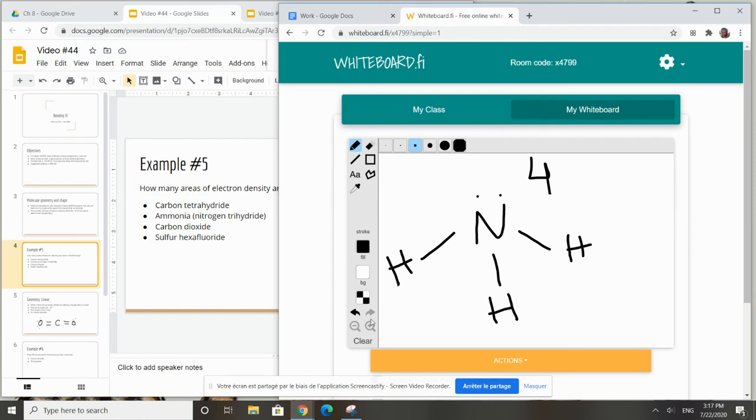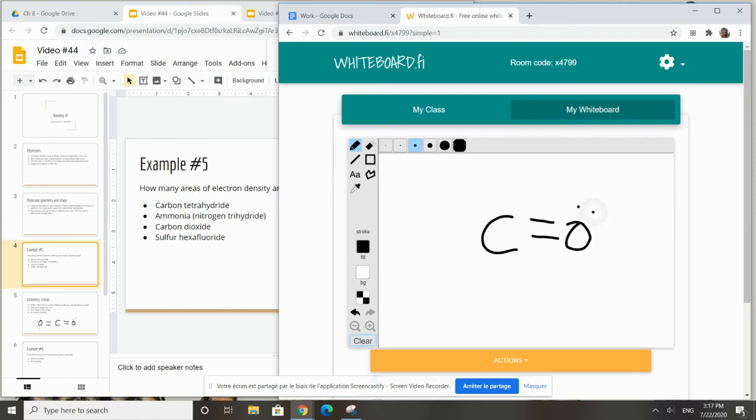Now we have carbon dioxide. I look at my central atom and only my central atom, which is carbon. It has 2 bonding areas. It does not matter that they are double bonds. So this has 2 areas of density. And then sulfur hexafluoride.